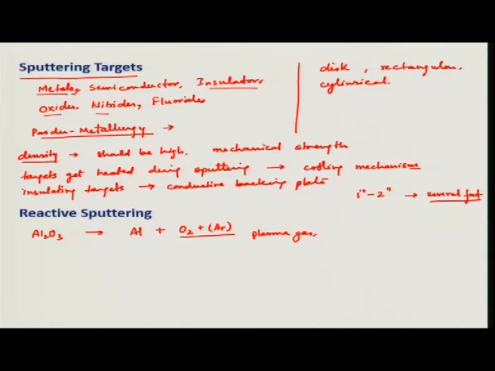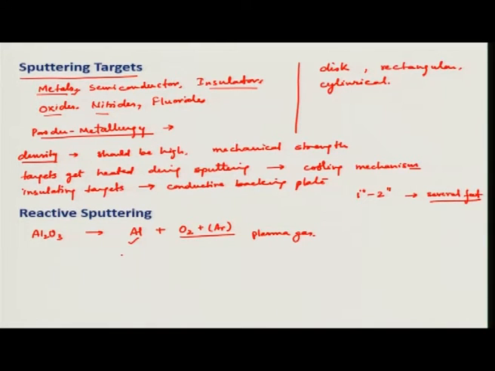Now what would happen when you are depositing this film? You are sputtering aluminum in this plasma, but along with aluminum atoms, you also have oxygen ions. So as aluminum is getting deposited on the substrate, it will also react with the oxygen ions to form Al2O3 on your substrate.